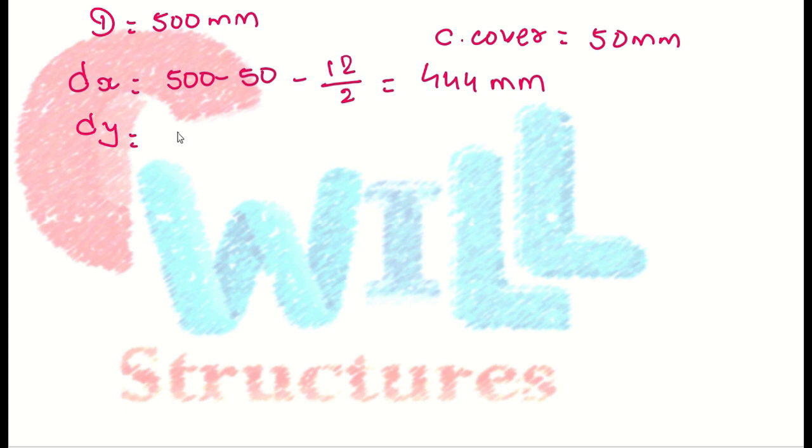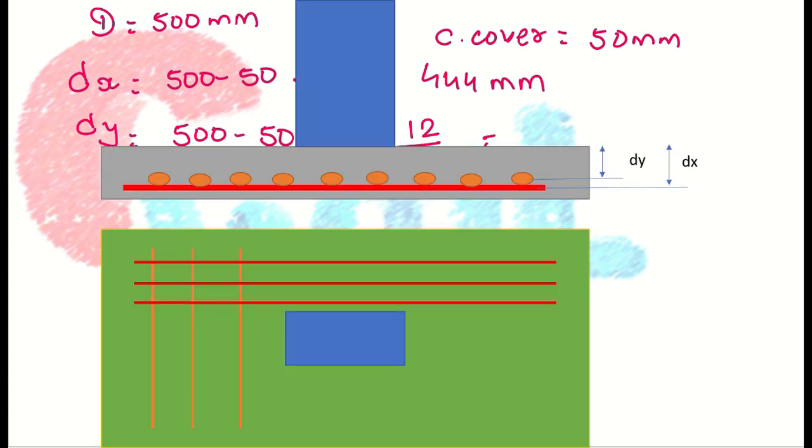And for dy, capital D minus clear cover minus a complete bar diameter minus the bar diameter divided by 2. Why? Because here my reinforcement is in both of the directions, right, and the reinforcement for the y direction is over the x direction, and that's why we have to deduct the complete bar diameter.